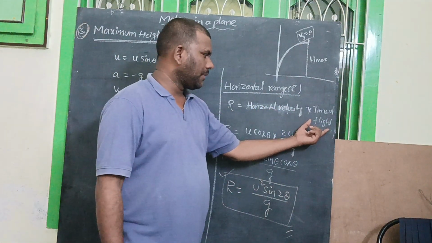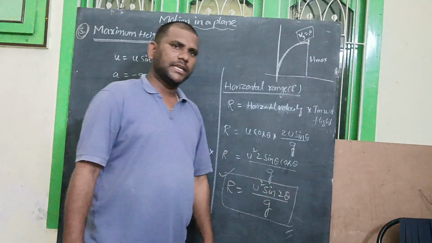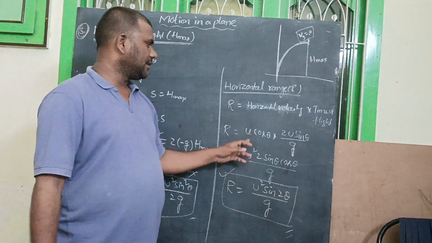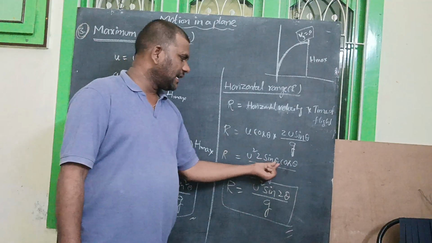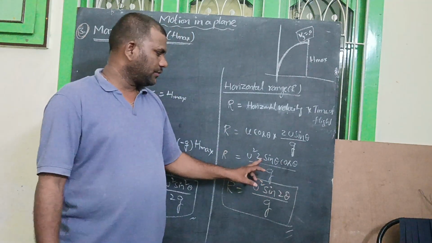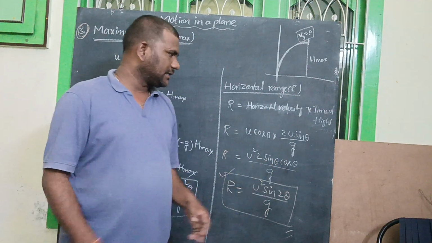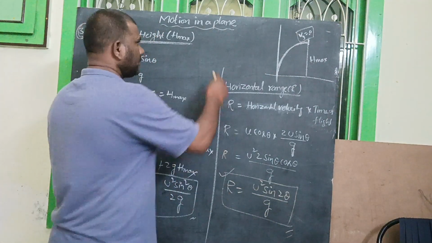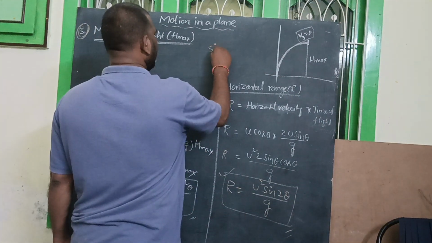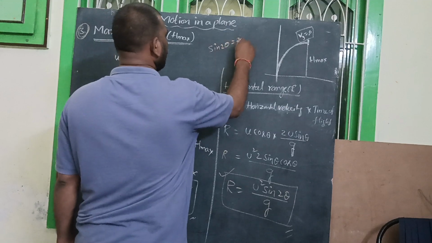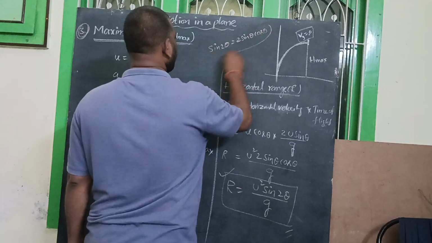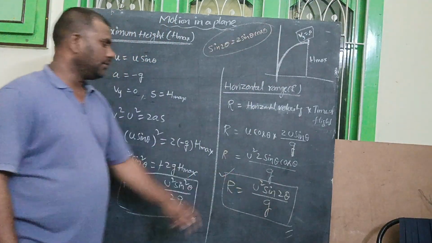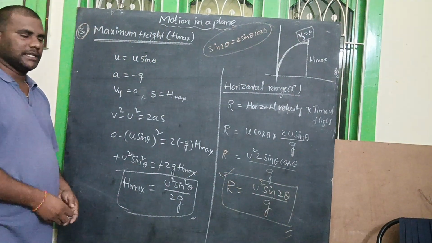The time of flight is 2u sin theta by g, and the horizontal velocity is u cos theta. Then u square 2 sin theta cos theta by g, and 2 sin theta cos theta is equal to sin 2 theta. So that is equal to u square sin 2 theta by g.